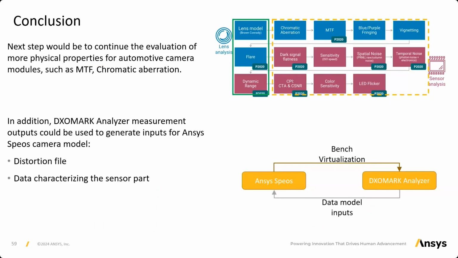The ultimate goal will be to actually address all the different benches, starting from the MTF and the chromatic aberrations, and mainly for automotive camera modules. So that's the first aspect, let's say, of where we want this relationship to go.